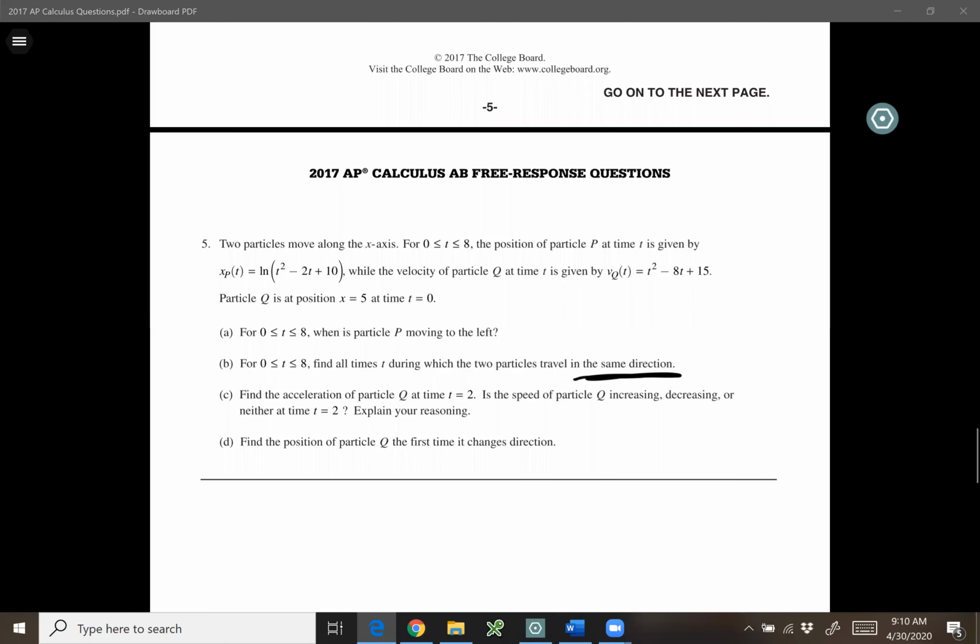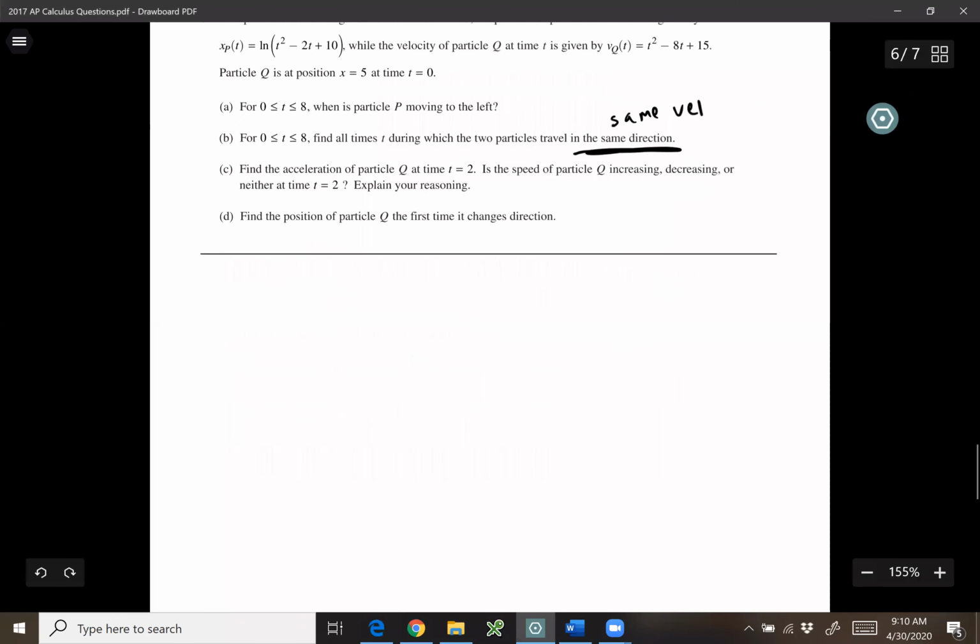Either hop on the chat or put that in the comments. Yeah. So same direction would mean that they need to have the same velocity. And then find the acceleration and find when the particle changes direction for the first time.